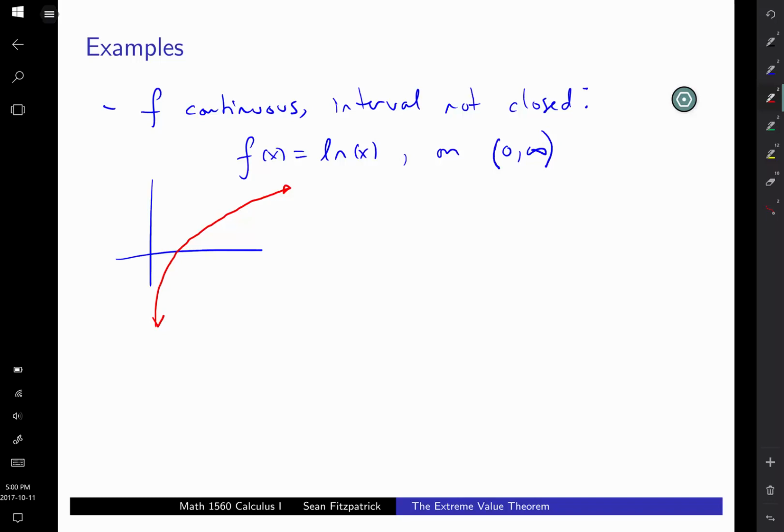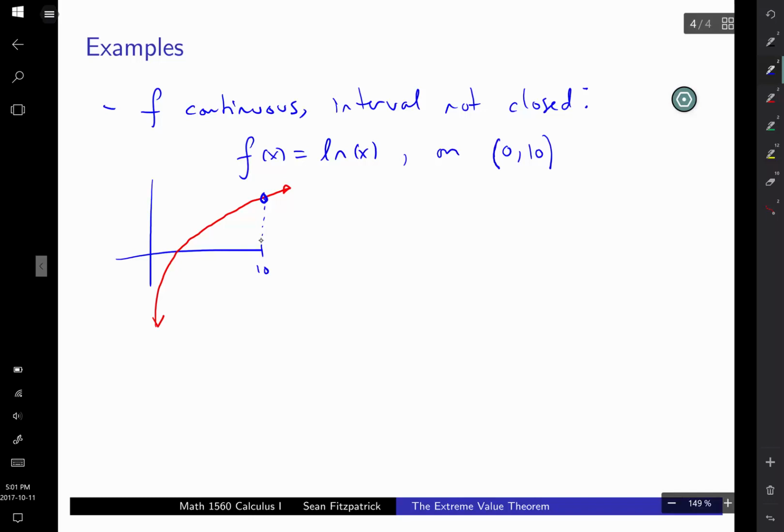Now, even if I change this to say, let's not go to infinity, let's go to maybe, I don't know, 10. And somewhere out here is 10. Well, but we don't include 10. If that happens, then my graph gets closer and closer to that point where x equals 10, but I never quite reach it, so I don't actually attain that maximum value.